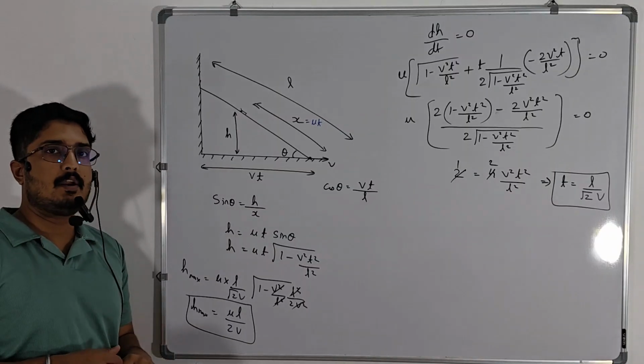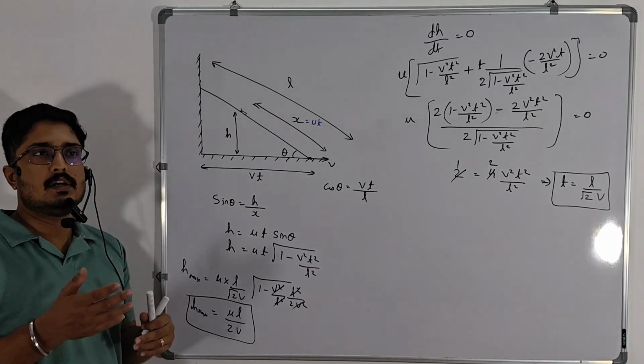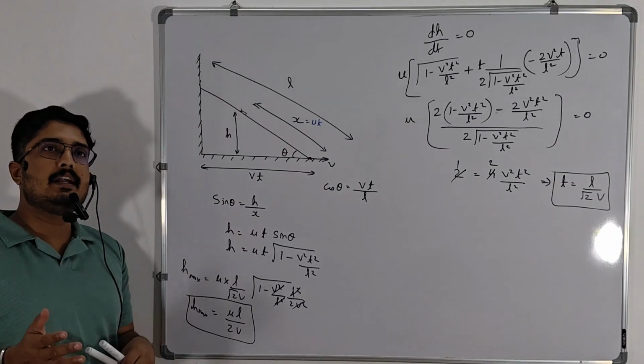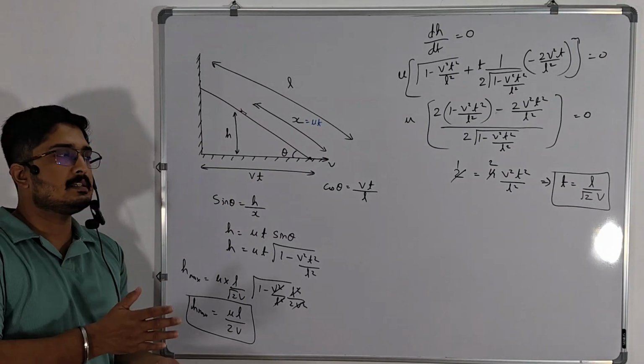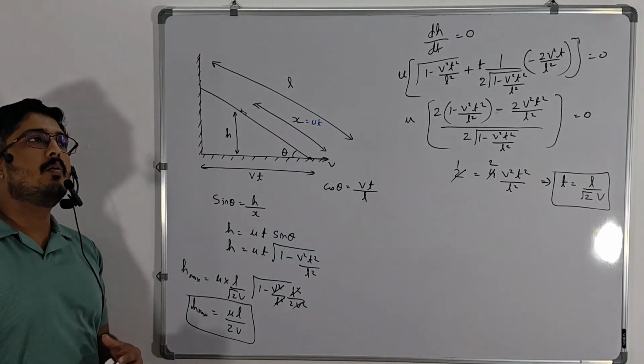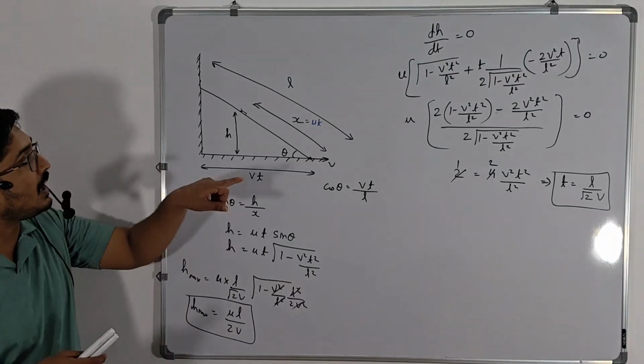Try to understand the scenario. As the insect is climbing up, the stick is actually falling down, right? So when will the insect be able to reach the maximum height? This time. But what if the insect is able to reach the other end?